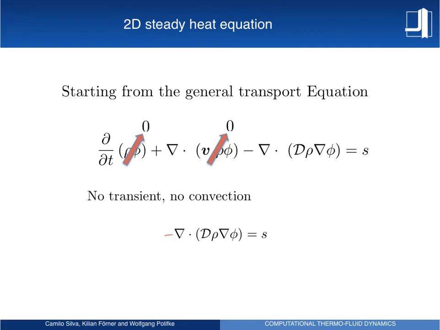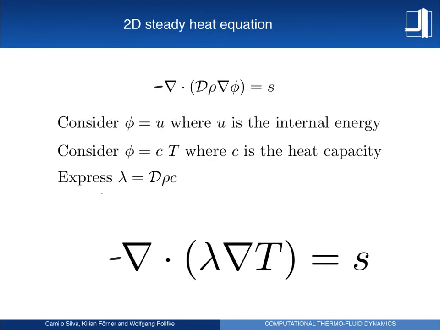Maybe some of you already pointed that out. So this is the equation. We can do something else to make it simpler. We see here we have the thermal diffusivity and the density. Now we will express phi to be the internal energy, which is in turn given by the heat capacity C times the temperature.